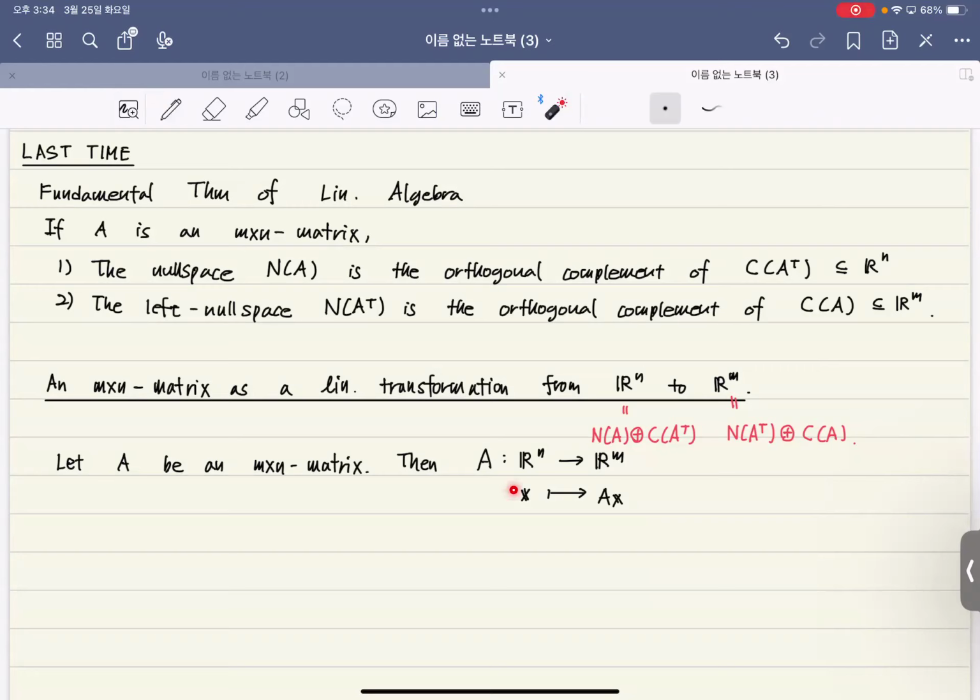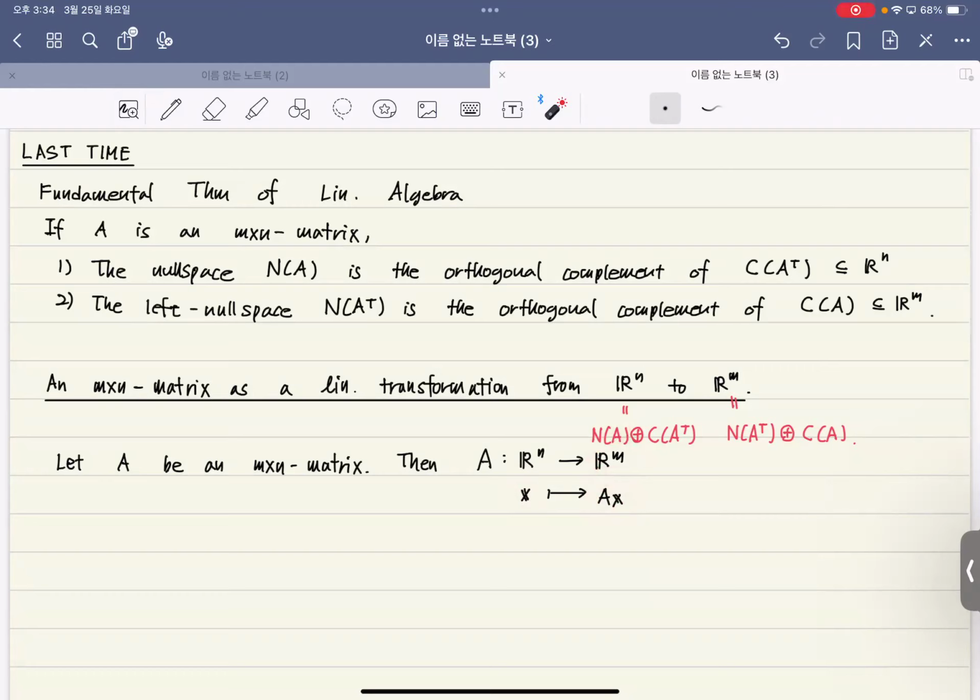So x is an n-dimensional column vector, and if you multiply A by this column vector, then the result is a column vector in Rm.